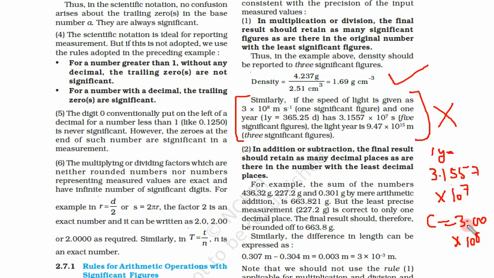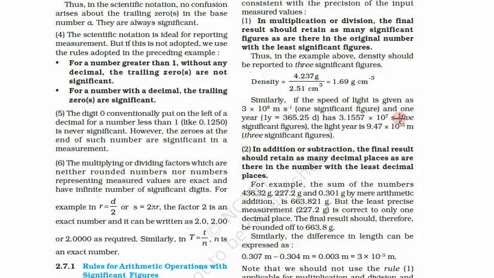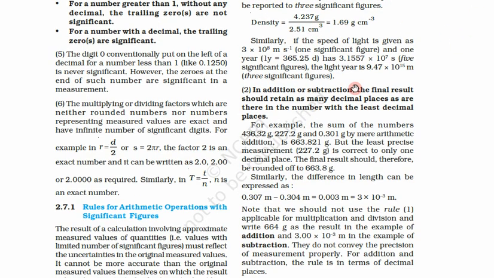Since this number has only 3 significant figures and this has 5, we use light year up to third significant figures. So this example is not very good, but what I have given now is a much better example. This first one is a good example.